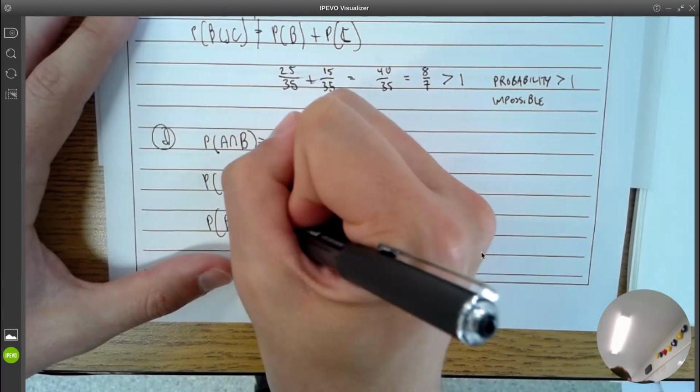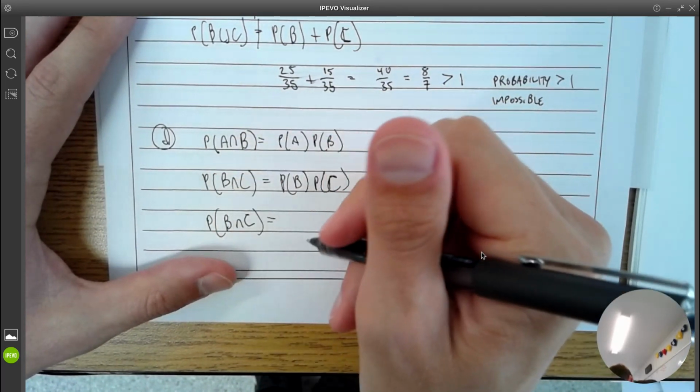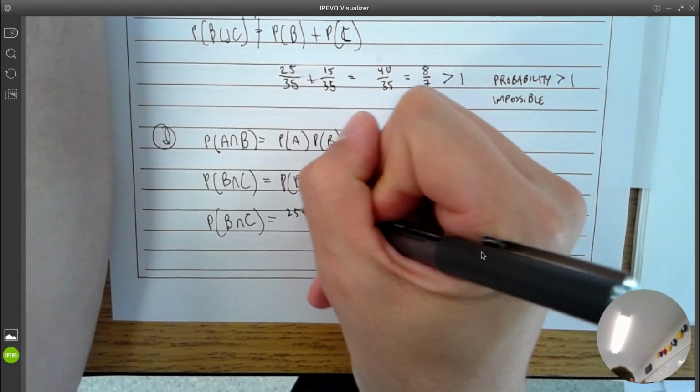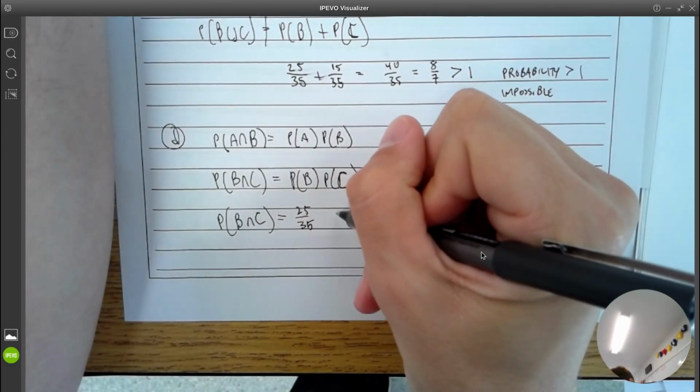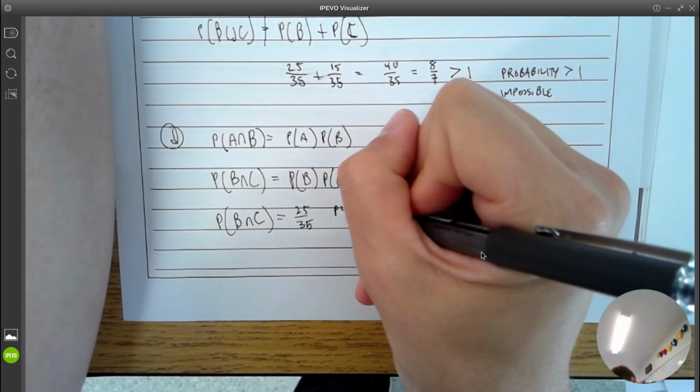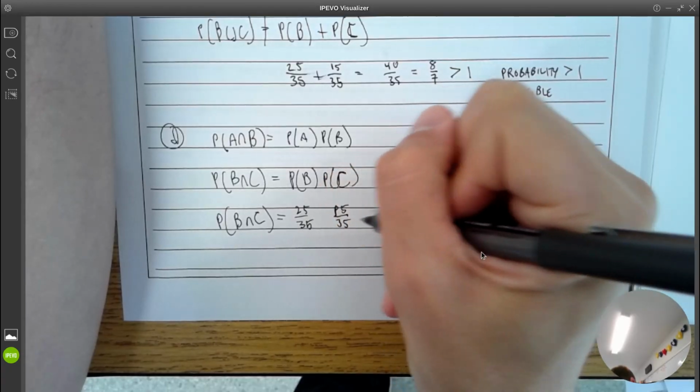Probability of B and C is equal to the probability that a kid is in biology, 25 out of 35, and the probability that a kid is in chemistry, 15 out of 35.